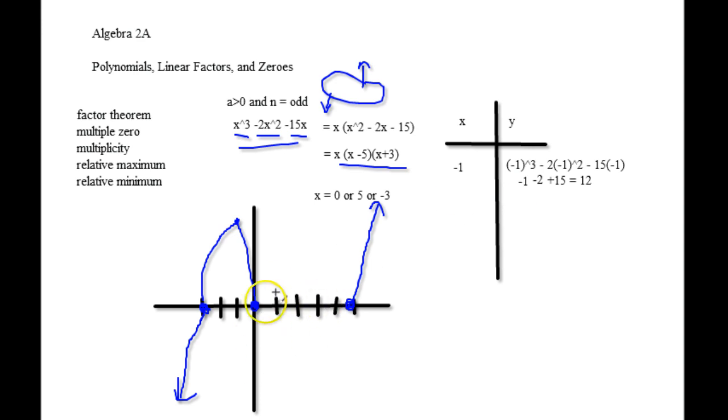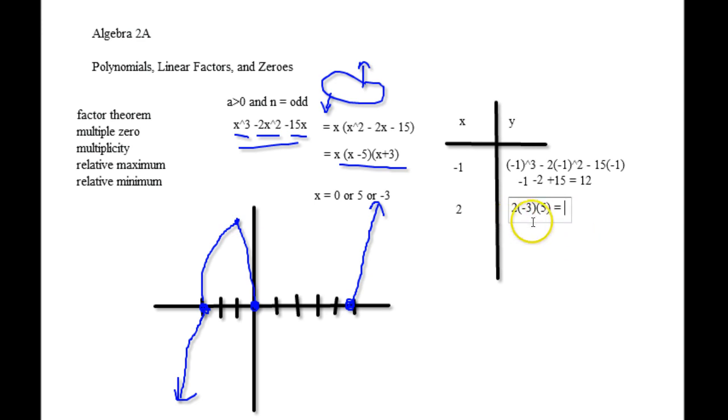Now I'm going to test some number in between. I'm going to test 2 just to mess with it, and I'm going to show you how to plug in 2 right here. I'm going to plug it into the factored form, so it's 2 times -3, because 2 minus 5 is -3, times 5. This one's a lot easier to work with.